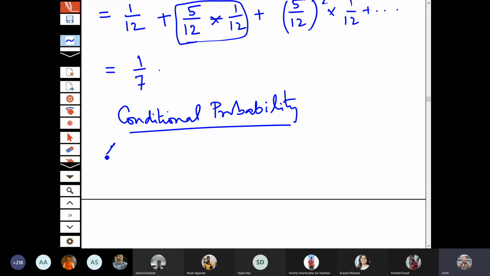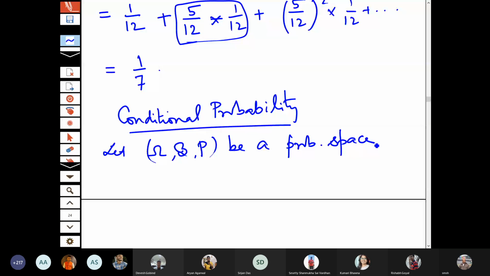Let (Omega, B, P) be a probability space and let B be any event with positive probability.